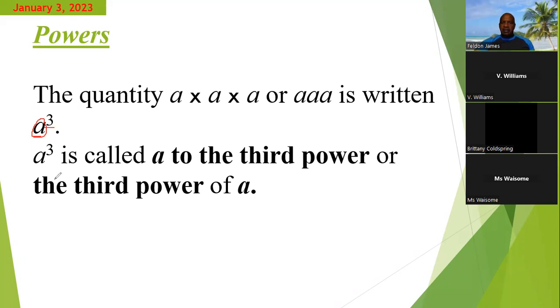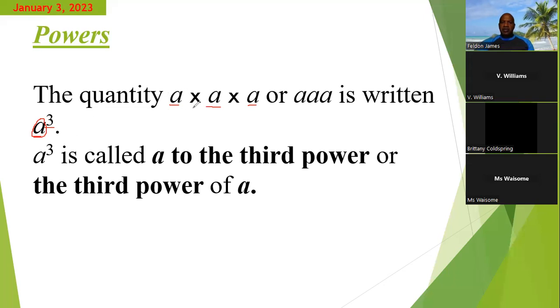All right. So we should be able to identify what we are referring to as the power. So here the power of A is 3. And why do we say that 3 is the power? So 3 here tells you the number of times the base occurs when the base is multiplying itself.